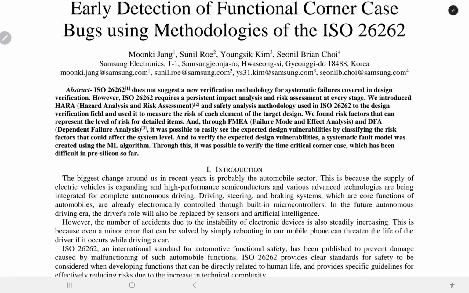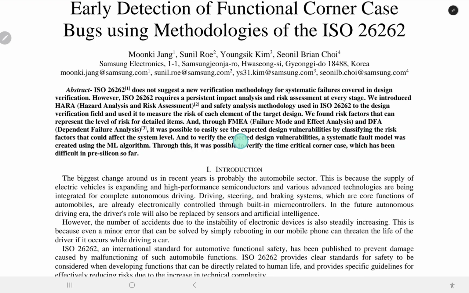We found risk factors that can present the level of the risk for detailed items, and through the FMEA, failure mode and effect analysis, and DFA, dependent failure analysis, it was possible to easily see the expected design vulnerabilities by classifying the risk factors that could affect the system level.